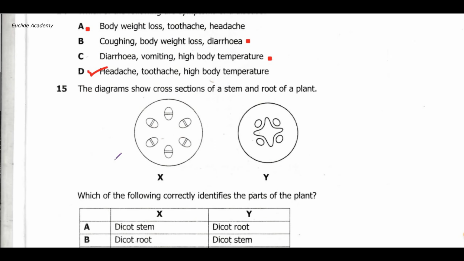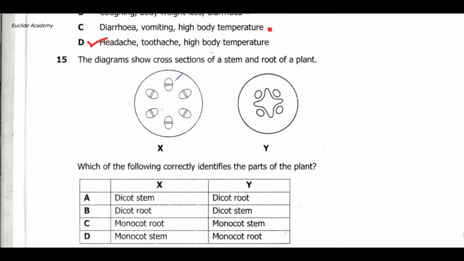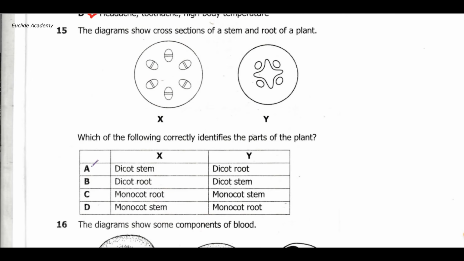And then we've got question 15. The diagram shows a cross section of a stem and a root of a plant. Which of the following correctly identifies the parts of the plant?